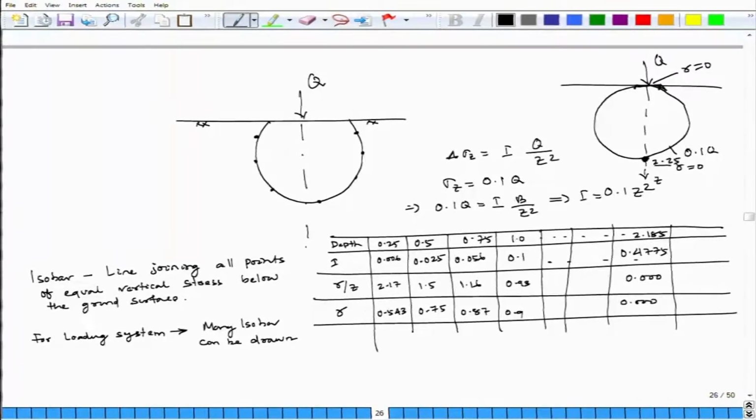Similarly, you can plot for different pressure intensities. Here it is 0.1 Q, you can plot 0.2 Q, 0.3 Q, 0.5 Q, all you can plot. This is what is about your isobar.